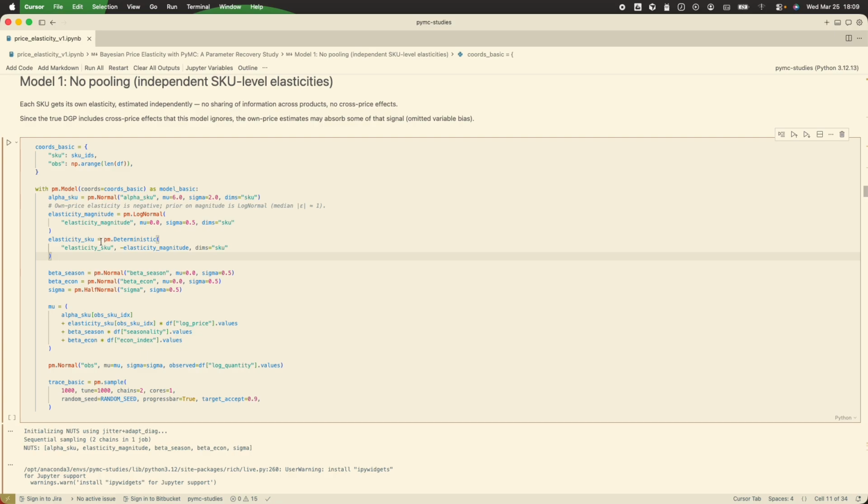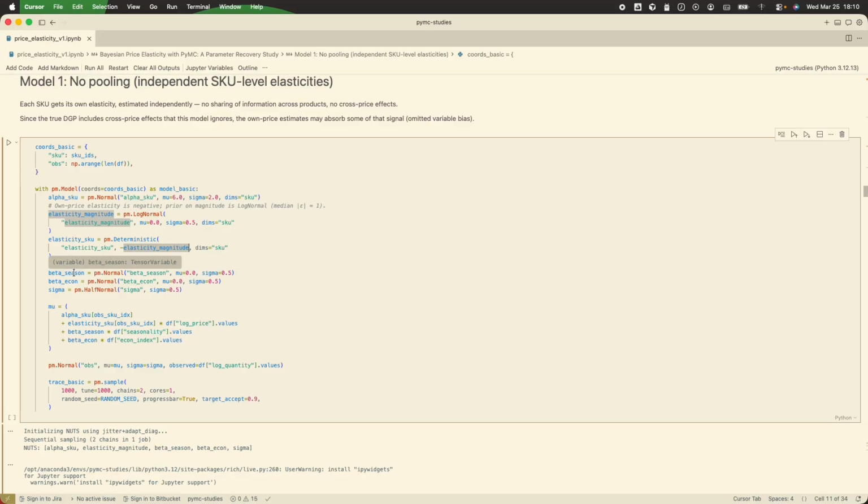But in practice, elasticity is minus, because here I have the sign of minus, and I'm using a log normal distribution to keep things positive. With a normal distribution, you could get negative and positive values. And here I want to keep it strictly positive, so that when I use the minus sign, I get elasticity strictly negative.